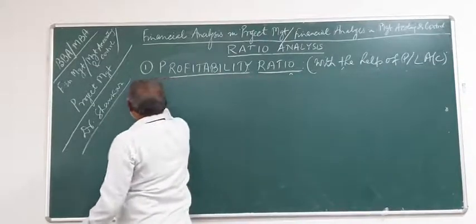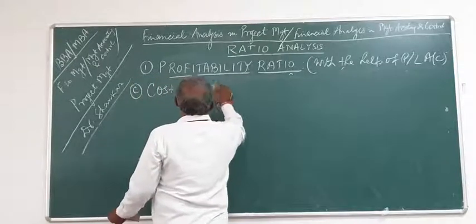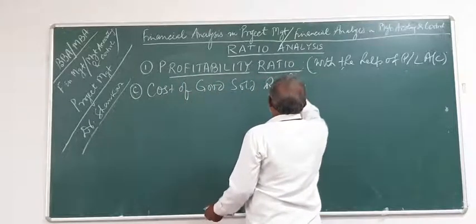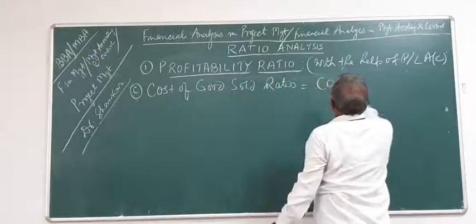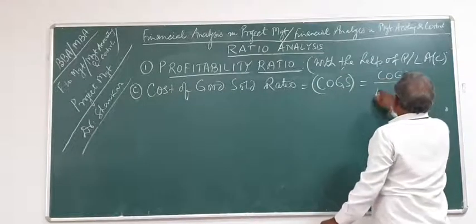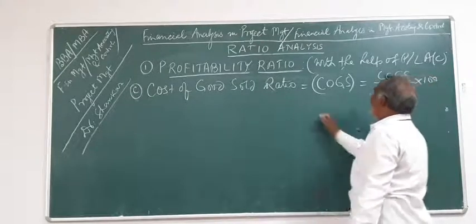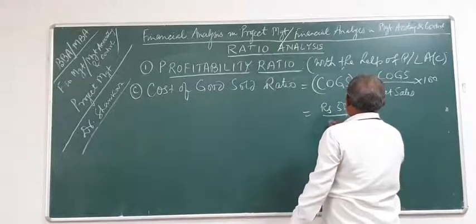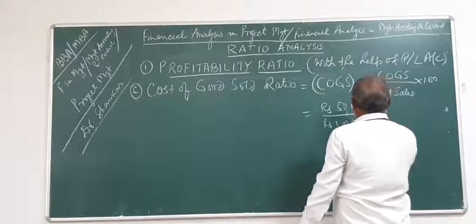Third one, that is cost of goods sold ratio. Very easy. This is cost of goods sold divided by net sales multiplied by 100. Suppose cost of goods sold is 50,000 and net sales is rupees 1 lakh, multiplied by 100.